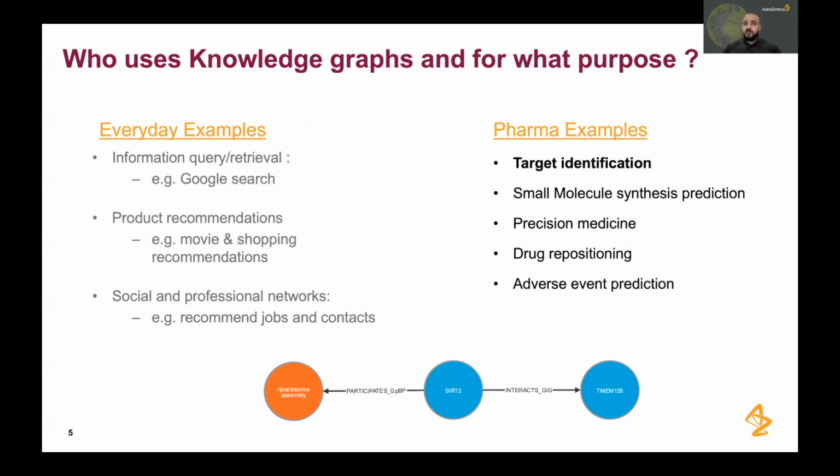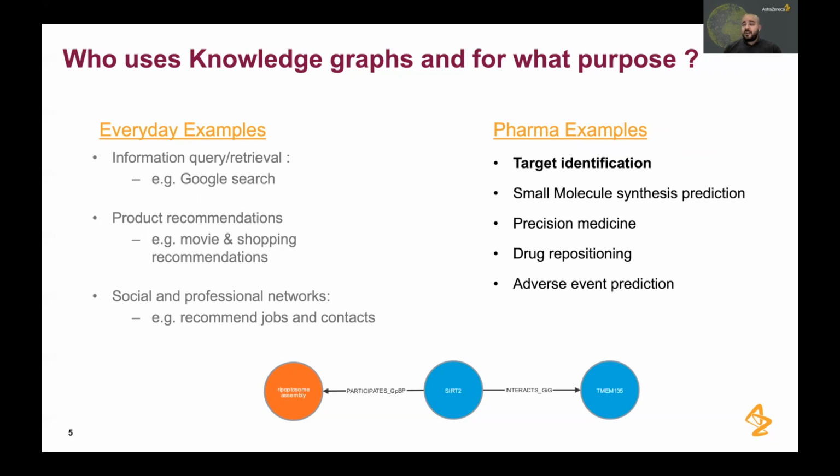Every time you search for something in Google, every time you look for recommendations, whether that's movies or books or music recommendations, or even contacts or jobs through social media, you are being directed by a knowledge graph and some inference behind the scenes. Well, in pharma, we have different tasks at hand.